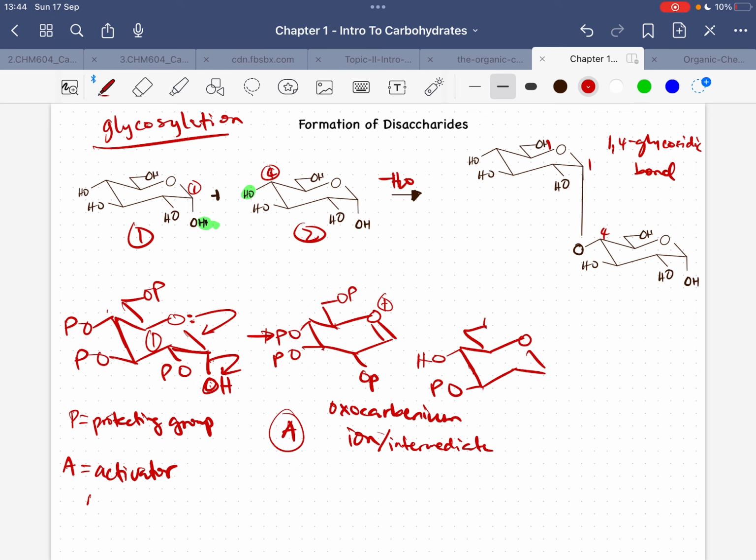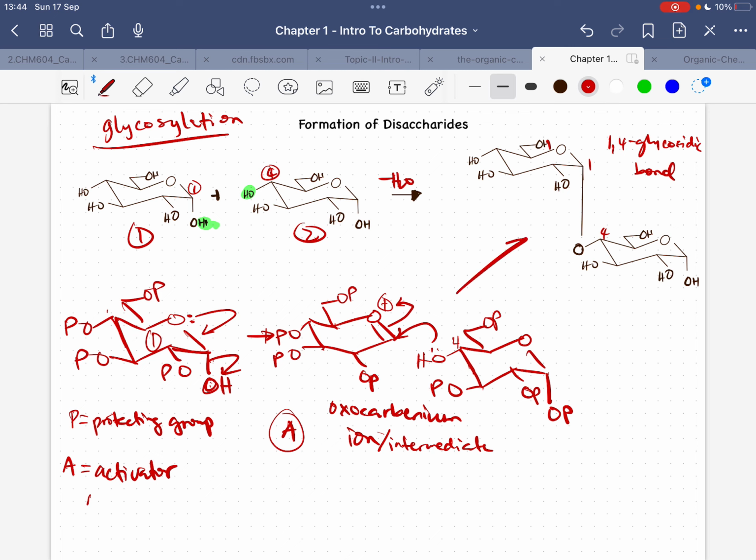Suppose that this is OP, then OP, OP, then alpha, OP. Okay? Only one OH is not protected, at carbon 4. So it will attack here and this will bring the octet back to oxygen.